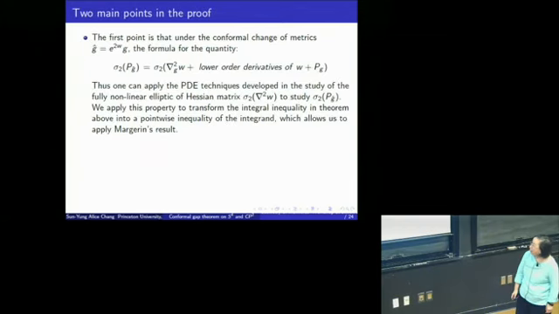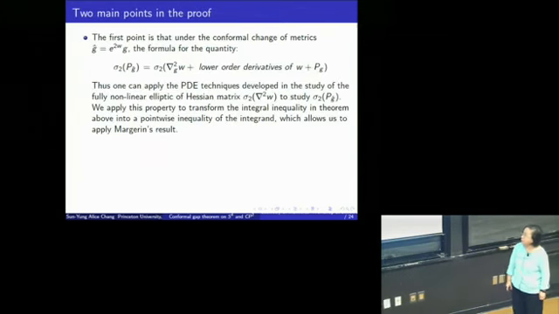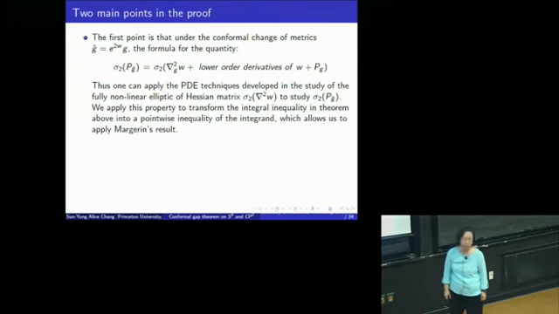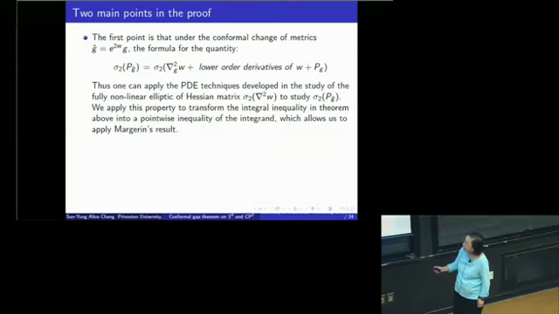Let me mention a couple of points in the proof. The first point is this is really a result in the fully nonlinear PDE. One key point is if we change the metric from g hat to g, then the sigma 2 of P g hat is sigma 2 of the Hessian of this conformal factor w plus a lower order term.